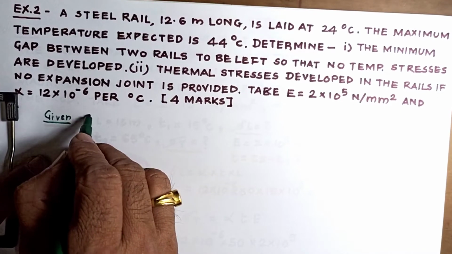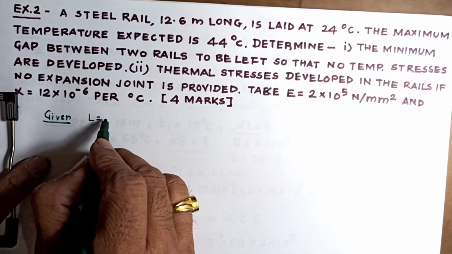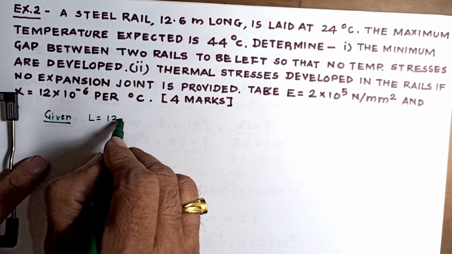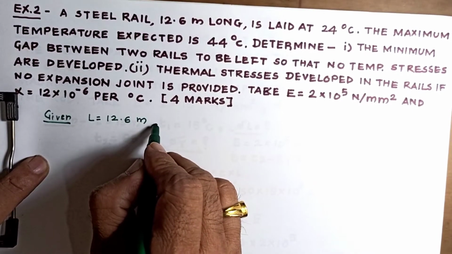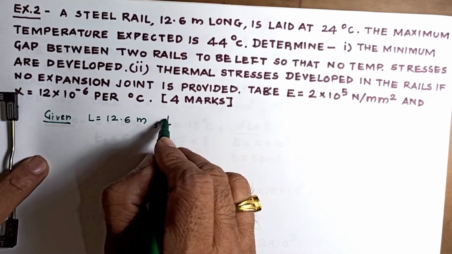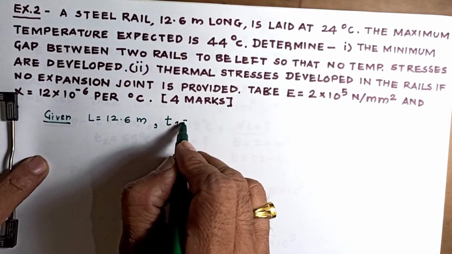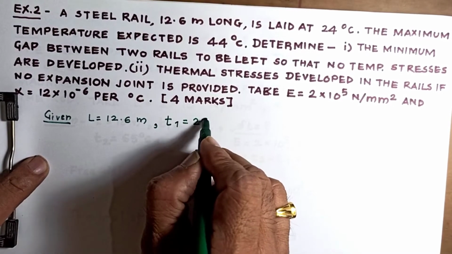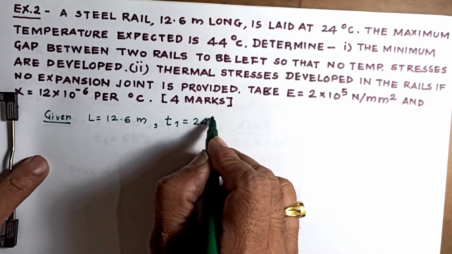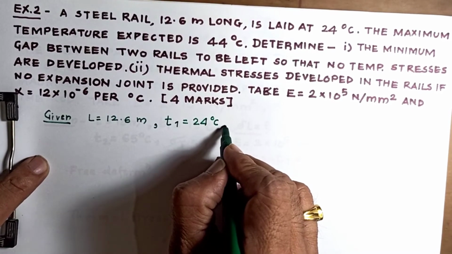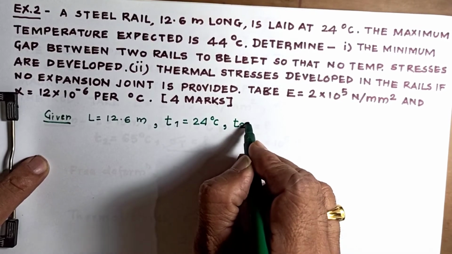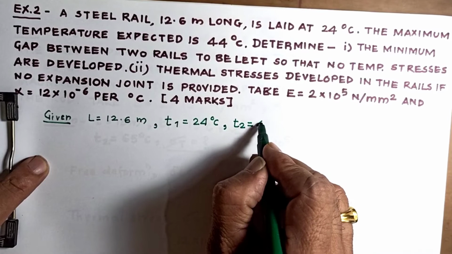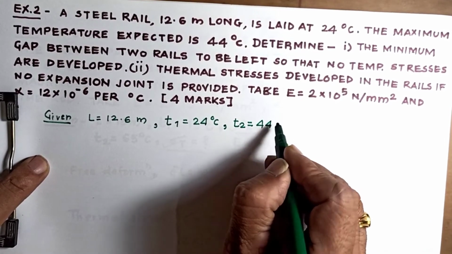The first one, L is given 12.6 meter. Initial temperature is given T1 24 degrees Celsius. Final temperature is given 44 degrees Celsius.